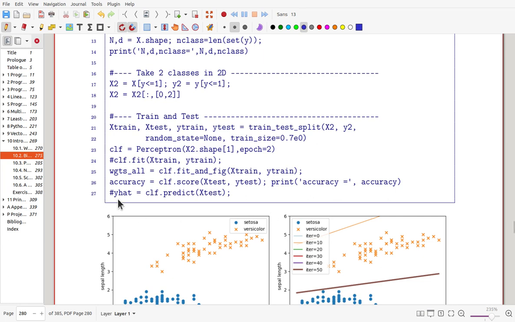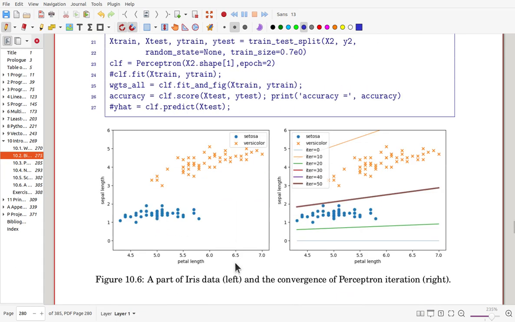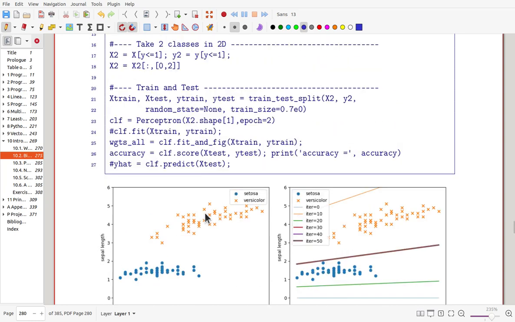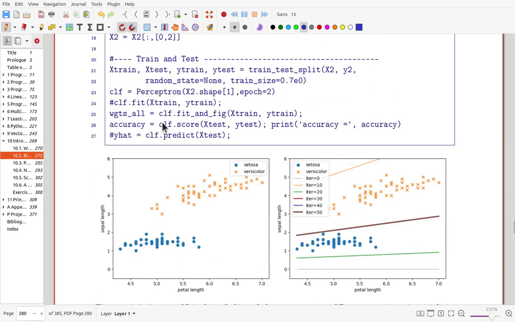Now, you may try to get predicted values for each test point and save them, but here it is commented out. We don't have to call it here. The portion below is for the figures. I eliminated it, and we see the figures here. That is the two-dimensional, two-class data set we made from here.